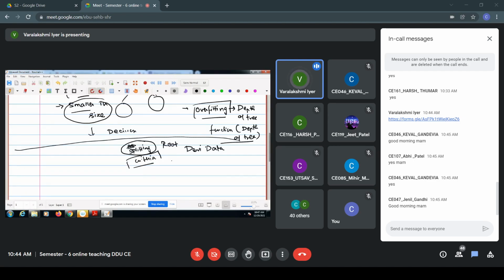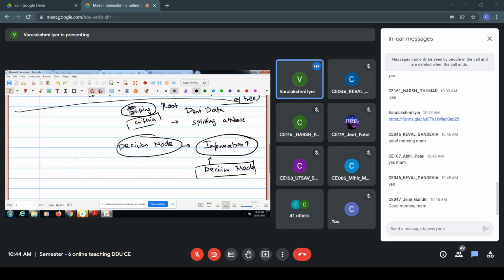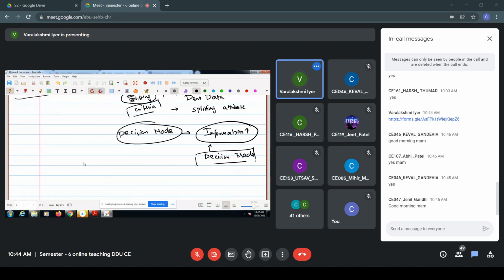In this case we are taking the splitting attribute, and we will choose the attribute as the root node or as the decision node. We'll choose the decision node such that it gives us maximum information. Whichever node gives us maximum information, that node will be chosen as the decision node, and we'll split our data based on that particular attribute. Fine. Up to this, everyone was clear, right?